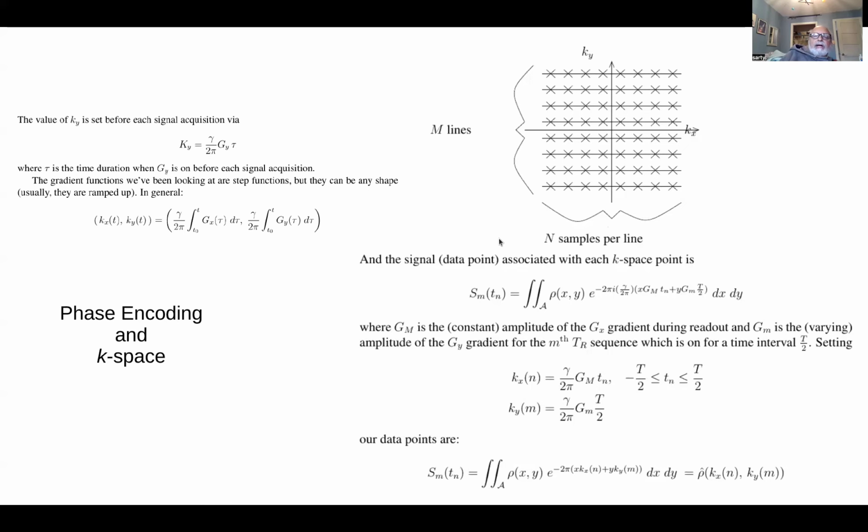So if we label each KY acquisition, each TR, with a little m, there are capital M signals altogether, indexed by this little m. Each of our sample points will have capital N of them, and we'll index that by little n. So each sample for each signal m looks like this. And this is exactly the Fourier transform of the image, this rho xy that we're after.